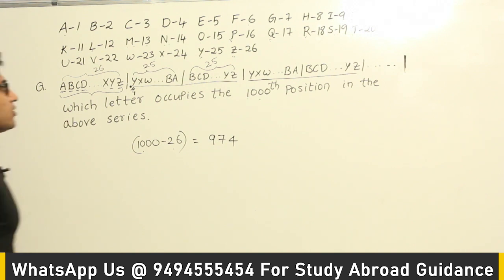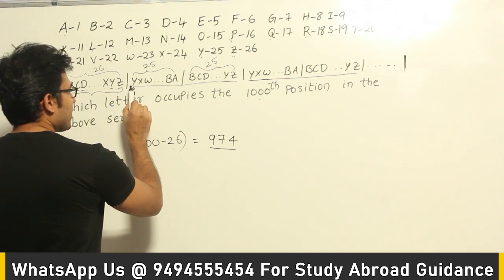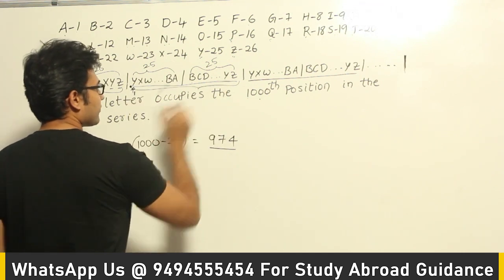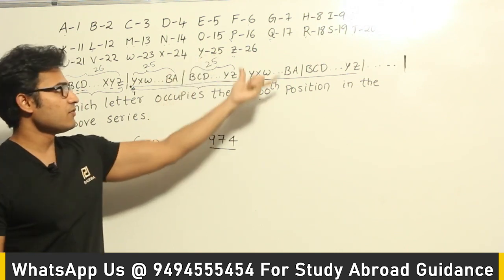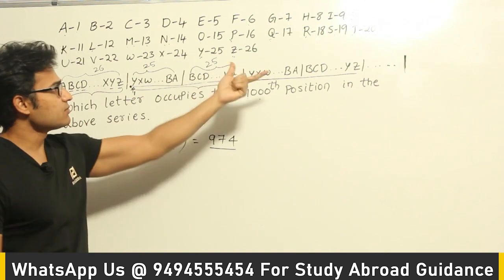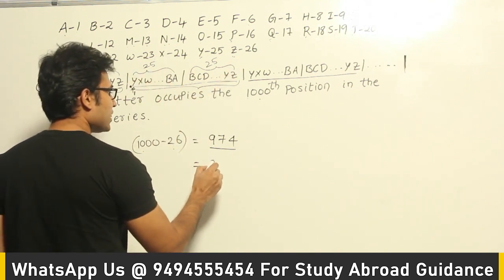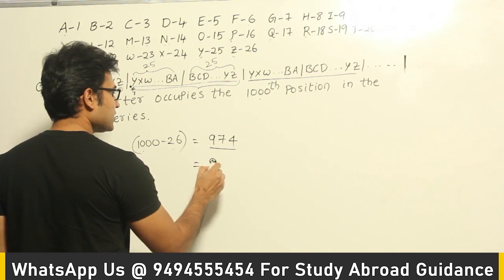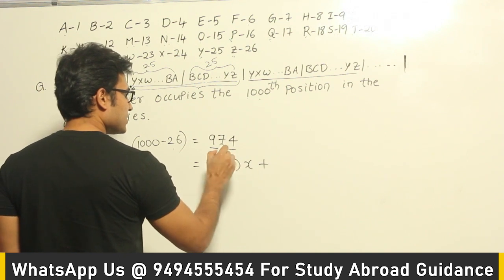Okay, now in order to find it out, you can use something here. See this here, every cycle is going to contain 50 characters, and these 50 characters are repeating over and over again. Now you try to pull out all these 50 characters, right? So what I mean to say is, you can write this number, 974, as 50 into some number x plus extra.